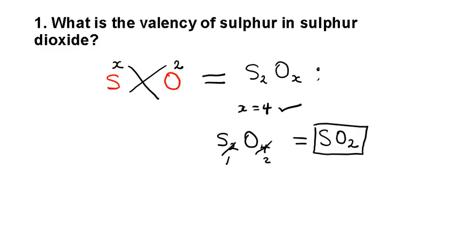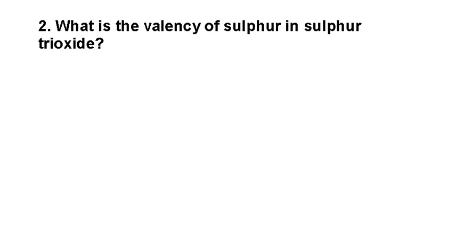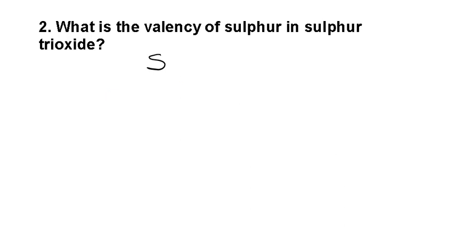What is the valency of sulfur in sulfur trioxide? We have the formula for sulfur trioxide as SO3. As usual, we take the valency of sulfur as X so that we can find it, and we know that the valency of oxygen is 2.